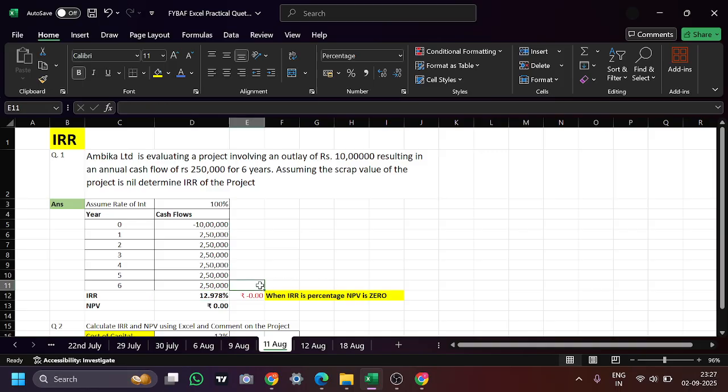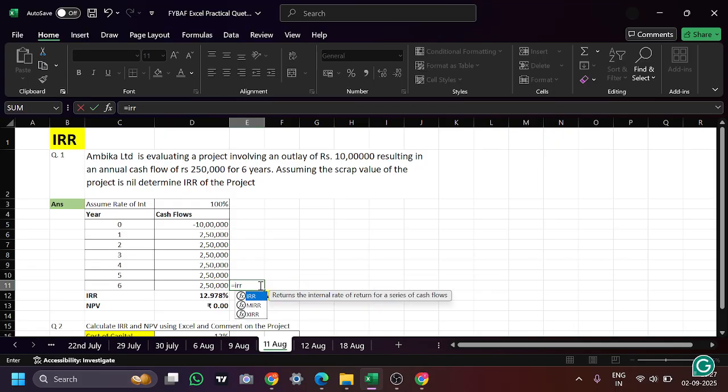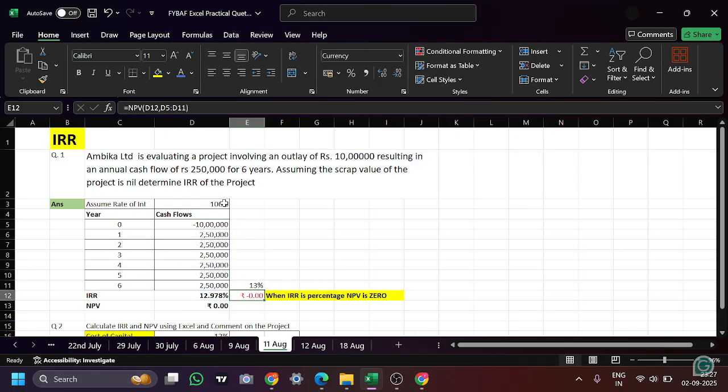Let's try to solve over here. IRR is equal to IRR in bracket the values starting from the outflow to inflow, thereafter comma, and guess is nothing but the assumed value, bracket complete, and you will get the value of IRR as 13%.